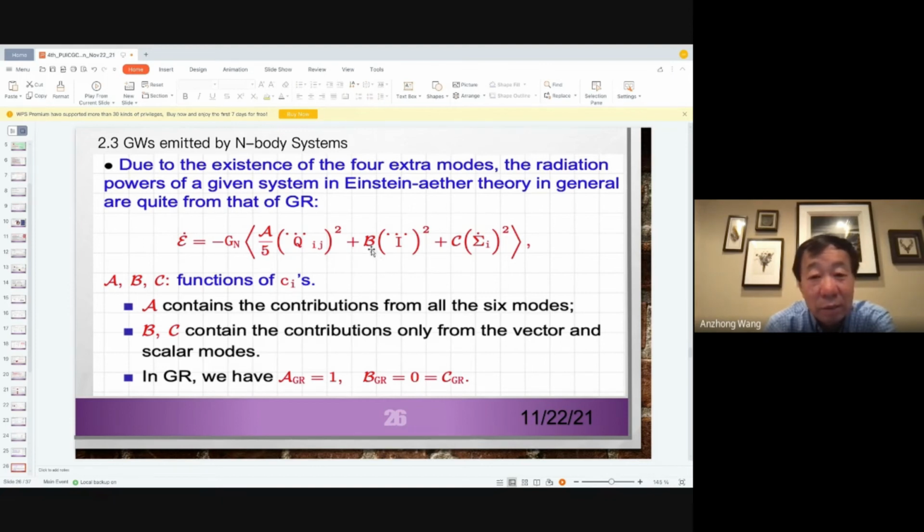In Einstein's theory, only the A term is different from 0, equal to 1. B equals 0, C equals 0. B is due to the monopole, C is due to the dipole. Of course, monopole and dipole radiation in Einstein's theory is 0, so we have only quadrupole radiation. But in this theory, all of them are different from 0.